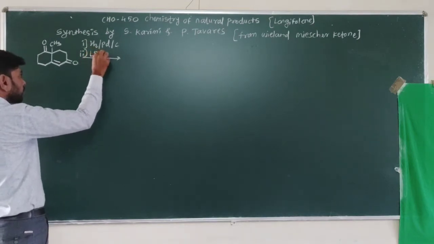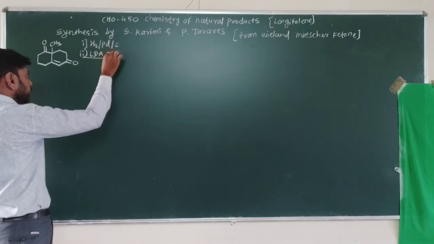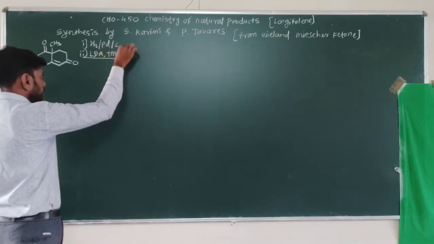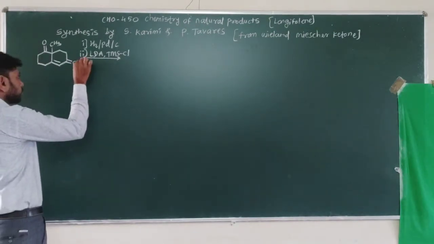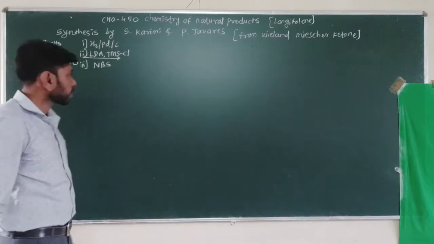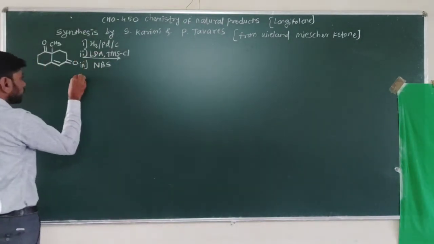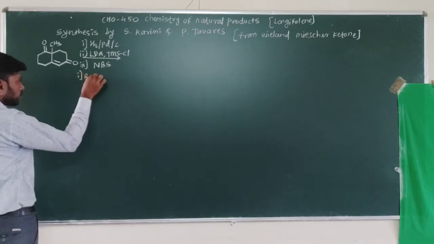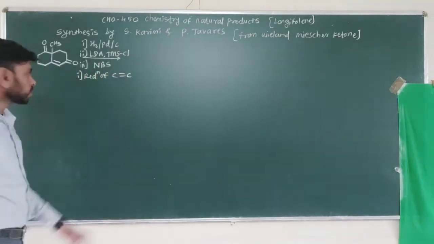Second is lithium diisopropylamide, LDA, as a base in presence of trimethylsilyl chloride, TMSCl. And in the third step we have used NBS, N-bromosuccinimide. So what is the role of this first reagent? The role is reduction of the carbon-carbon double bond.